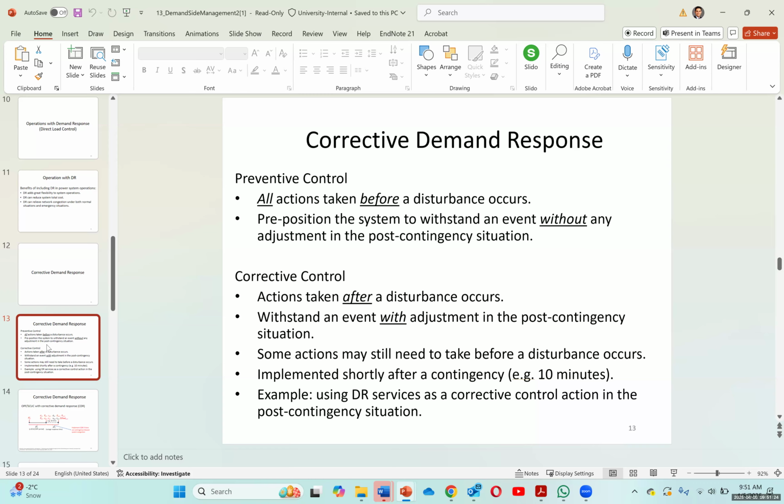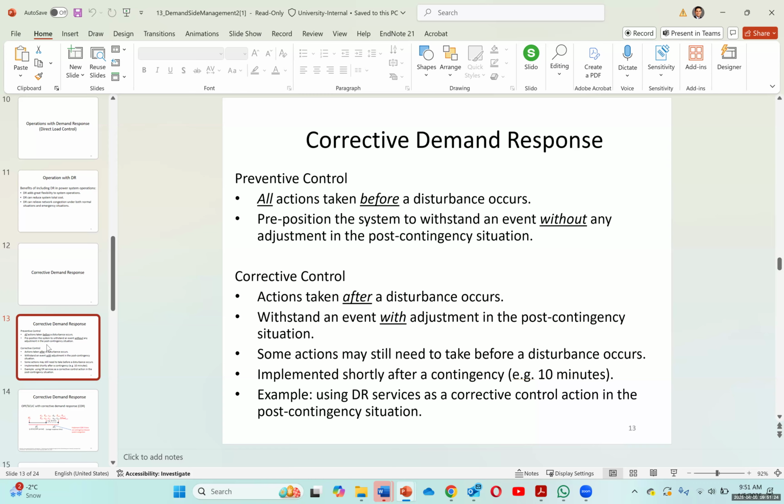And this is a graph that shows the OPF SCUC with corrective demand response, or CDR. And you can see that usually there is a delta T, 10 minutes, which is the outage response time. And this will be implemented.